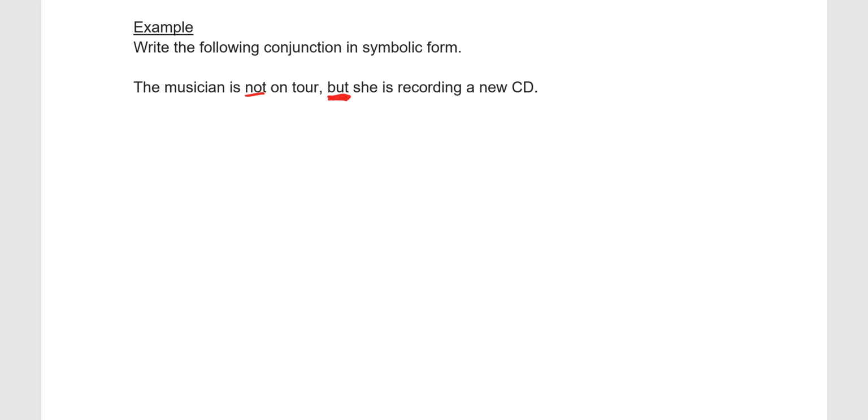When we are writing the statement symbolically, we're not going to have the negation in the statement. So instead of the musician is not on tour, we're going to let statement P be the musician is on tour. We should never have a negation be one of our statements from the beginning. And for statement Q, it's going to be she is recording a new CD.